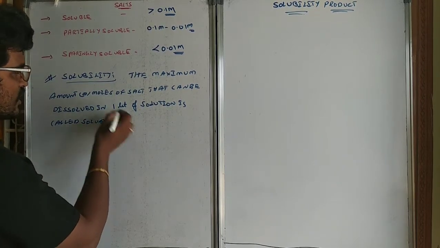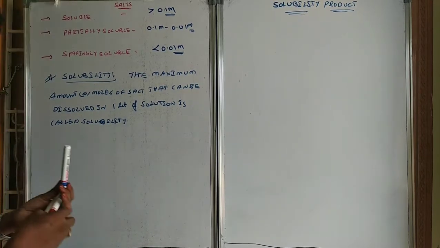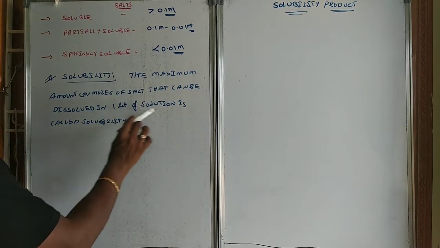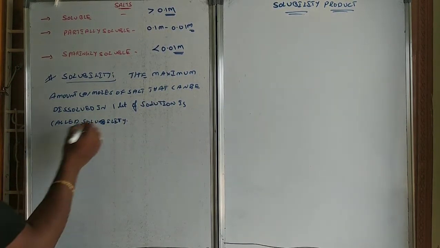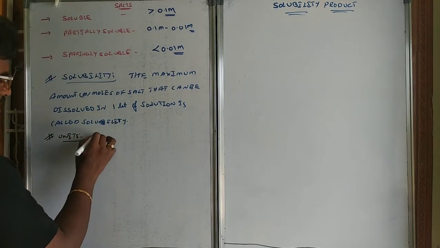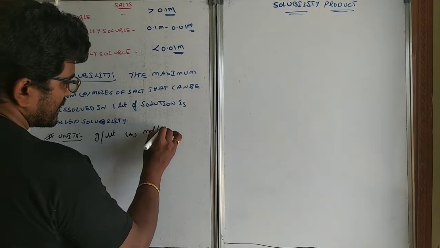To understand the solubility product, first we should know the solubility. That's why I am explaining this. So the maximum amount of salt that can be dissolved in 1 liter of solution is called the solubility. The units of solubility will be grams per liter or moles per liter.